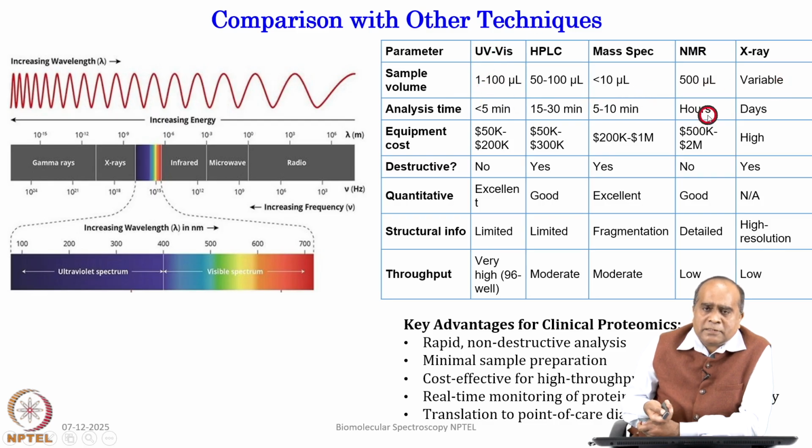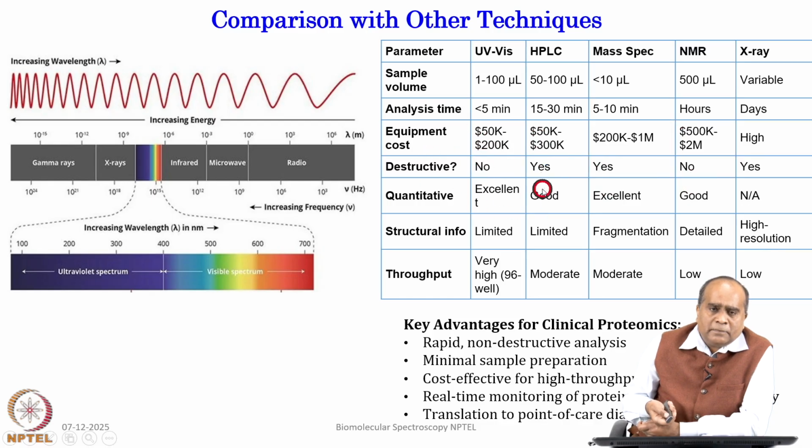So, the volume is typically on the lower side. The analysis time is really fast, less than 2 minutes or 5 minutes, whereas other techniques take longer. The equipment cost is cheaper, right. So, compared to other techniques this is cheaper, and it is non-destructive. So, you can use the same sample for doing another thing.